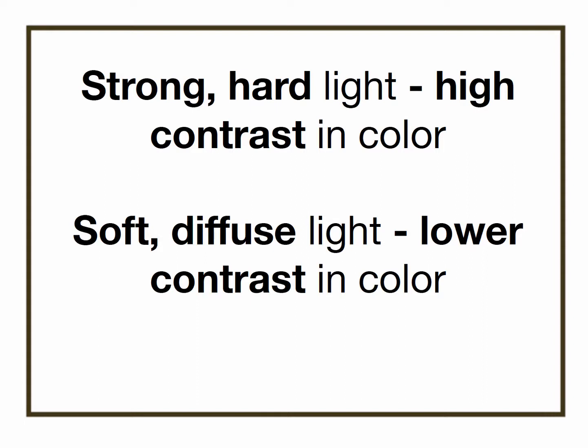If you want to create a sense of soft, diffused light, then you would want to use lower contrast in color. So an example of something in strong light would be that building that we just saw with the warm afternoon light flooding across the top of the building. Whereas an example of soft diffuse light might be a foggy, misty morning where there's little or no sun evident.